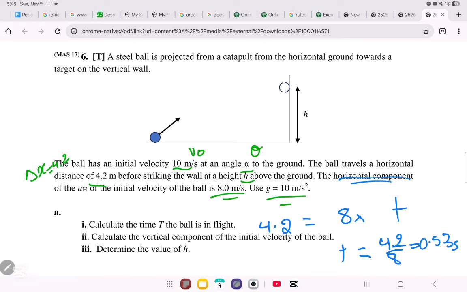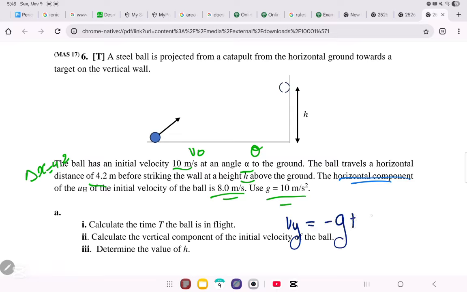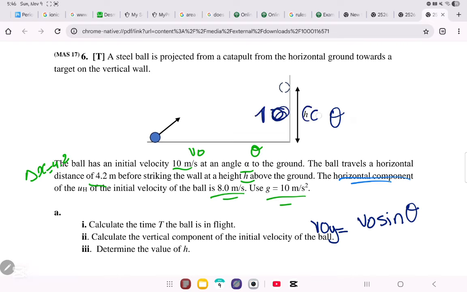In order for us to calculate the vertical component, meaning they want Vy, first of all, it's gonna be minus gt plus... Actually, no, they did not use this long, big process. Instead, they found V0y. V0y, because it's the vertical component, is V0 sine theta. So we need to find theta. We know that 10 cosine theta is equal to 8.